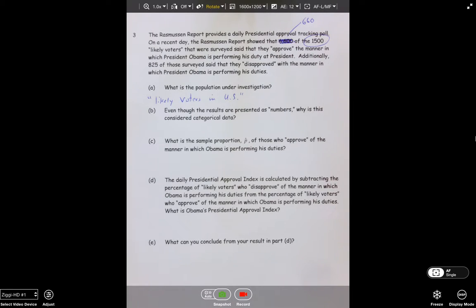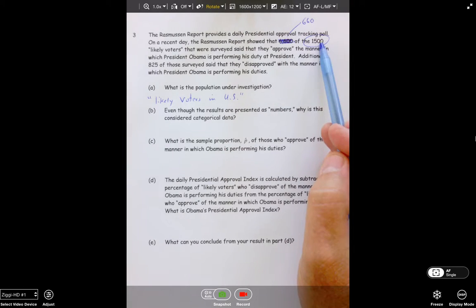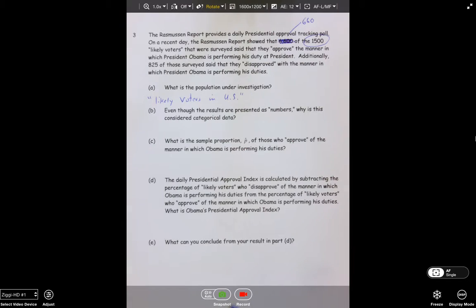Now, can you make a generalization for all likely voters in the U.S., which would be millions, based on only 1,500? Most people will say no. I say yes. If this is a random sample and collected well, you can actually make a very, very, very good estimation of all likely voters. But more about that later, okay?